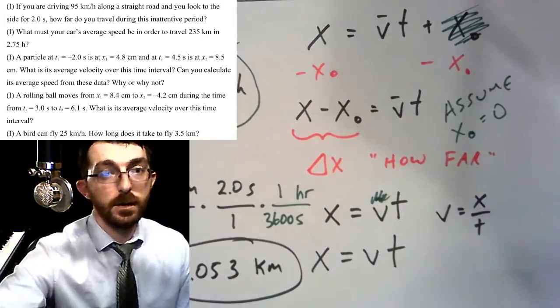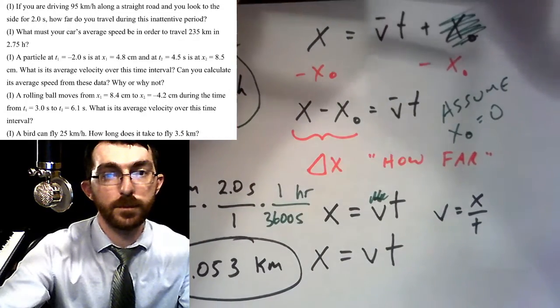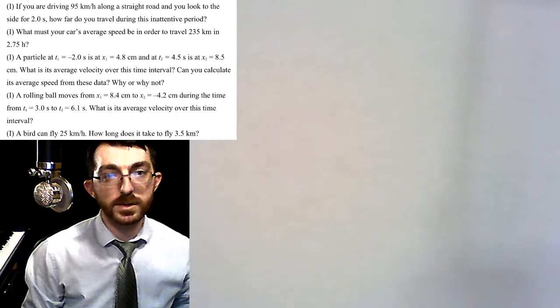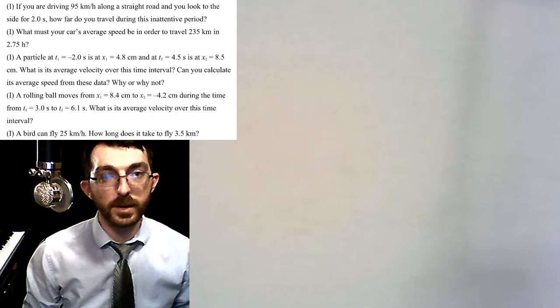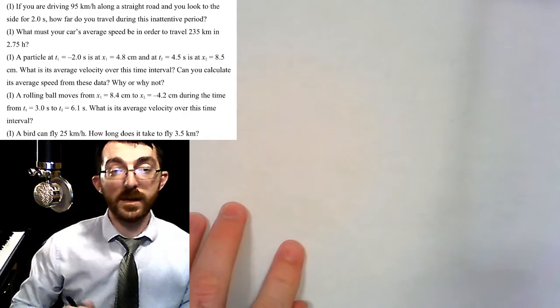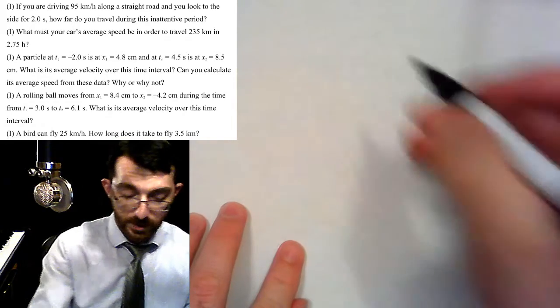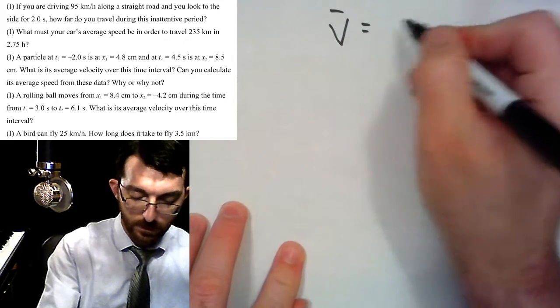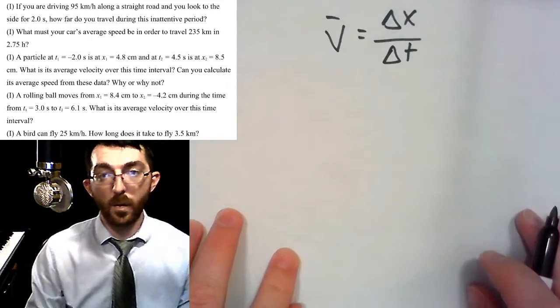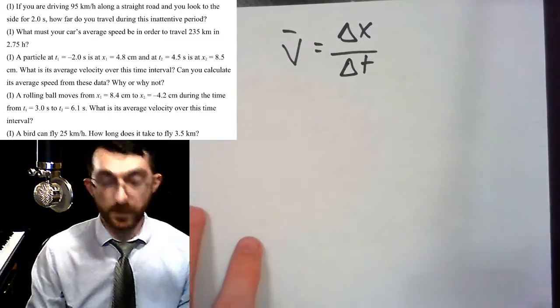Number 2 asks, what must your car's average speed be in order to travel 235 kilometers in 2.75 hours? Now I could write the full version of the equation, or I could write the nerfed version of the equation.